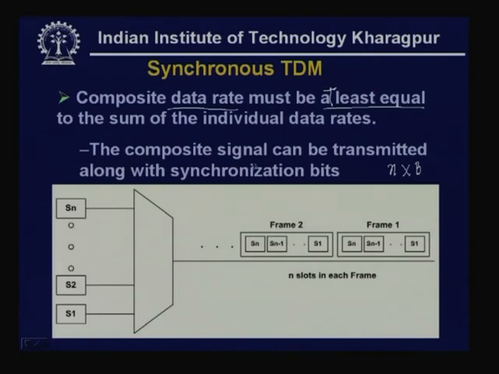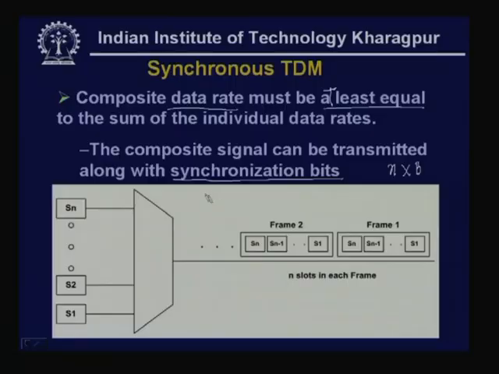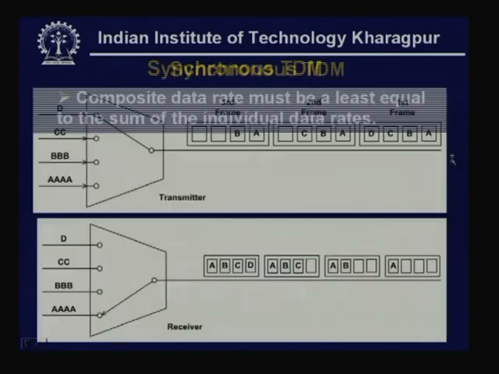Then the composite signal can be transmitted along with synchronization bits. Just like the guard bands used in frequency division multiplexing, which are essentially overhead bits, similarly here the synchronization bits are overhead bits, as we have seen in case of time division multiplexing.